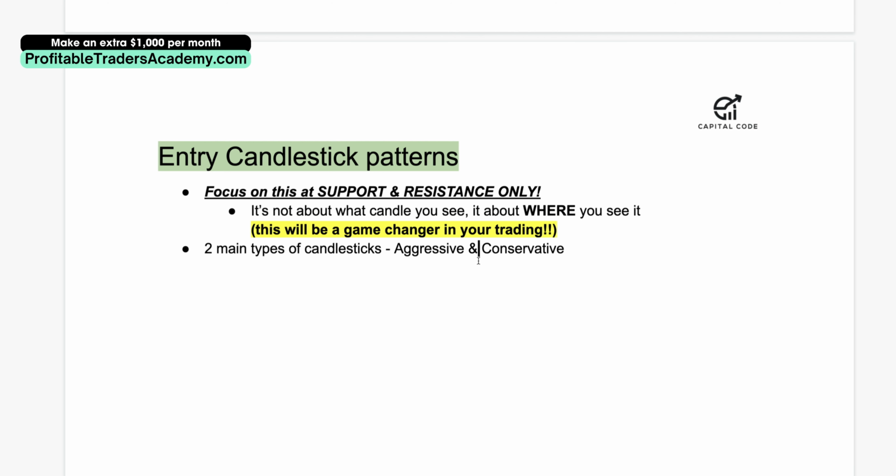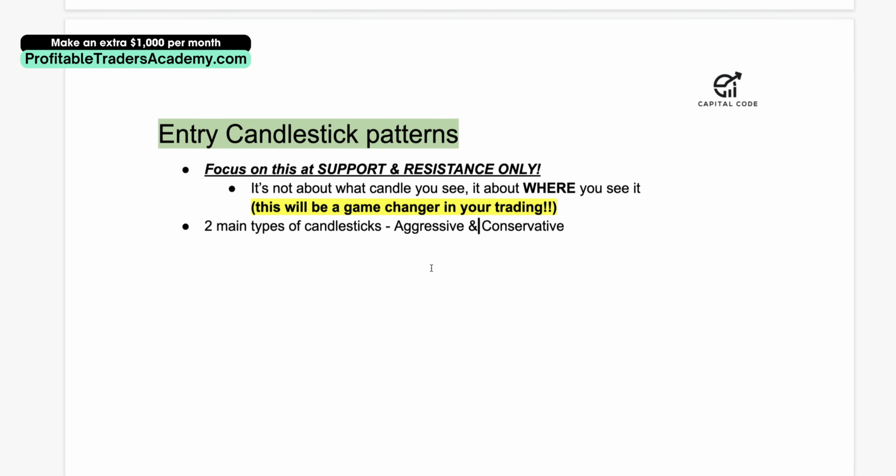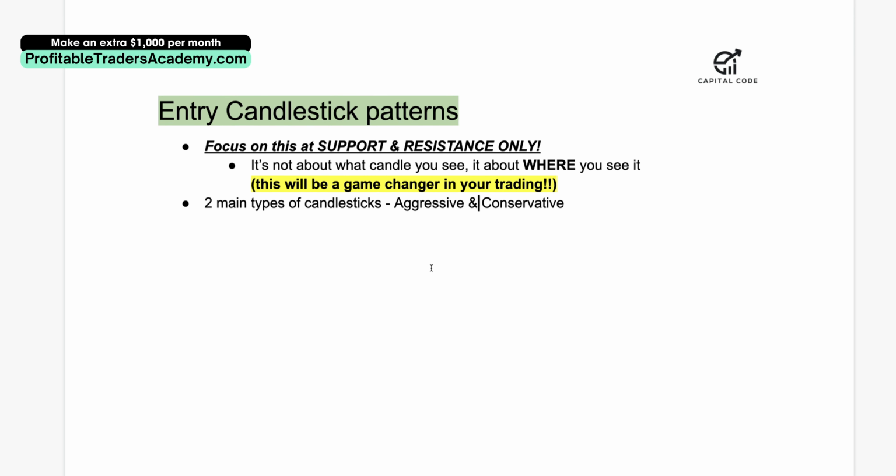Basically, I just want you to understand that there are 2 different types, and a lot of times I really try to enter aggressively, mainly because it really helps out my risk to reward ratio. And conservative candlesticks are going to be the safest, but sometimes you will have a hit to your risk to reward ratio, and we'll definitely talk about what this looks like later on inside of the program.